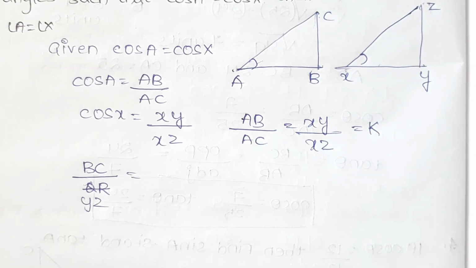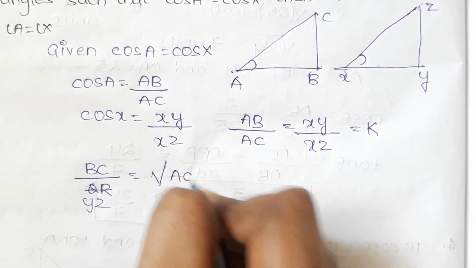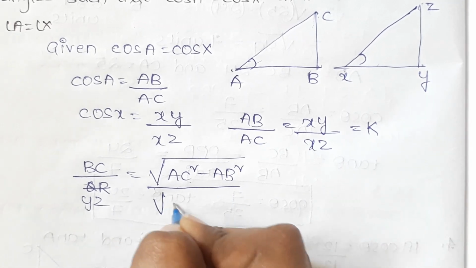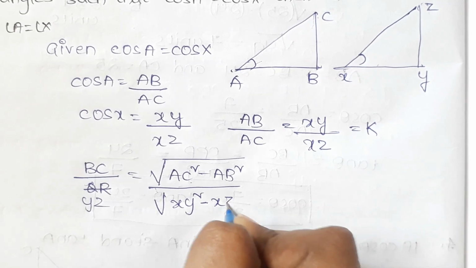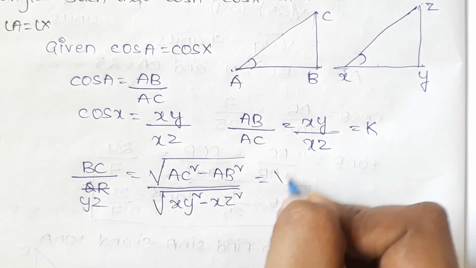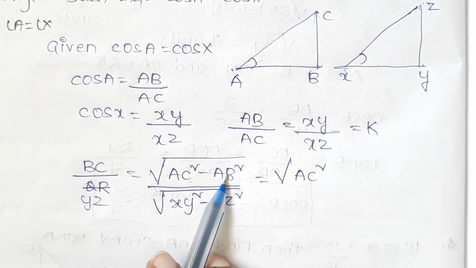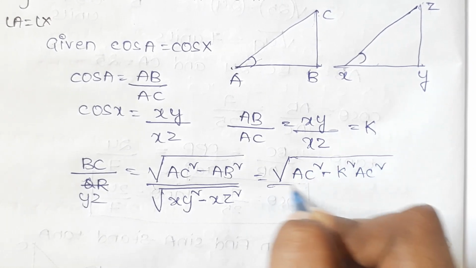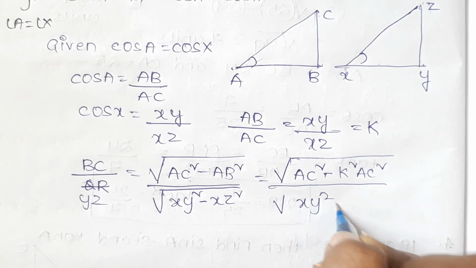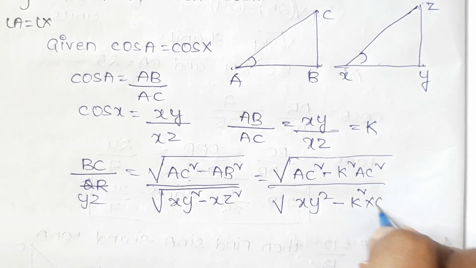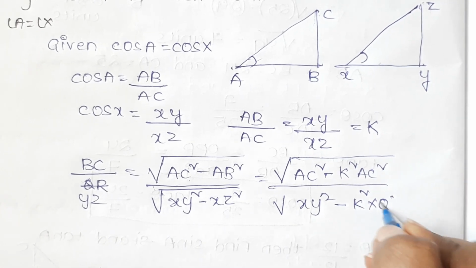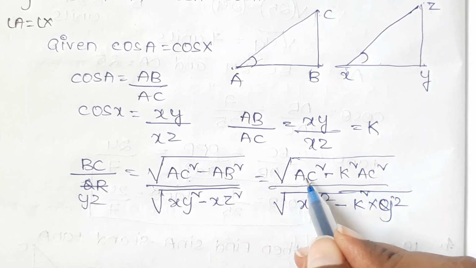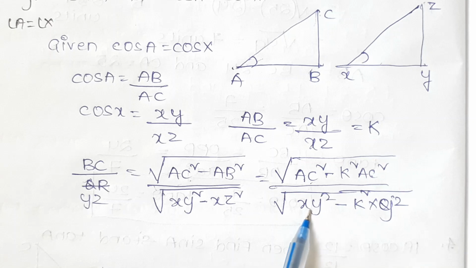So by Pythagoras theorem we will get square root of AC square minus AB square by XZ square minus XY square, that equals AC square minus, here AB is nothing but K AC, that is K square AC square, divided by XZ square minus K square XZ square.